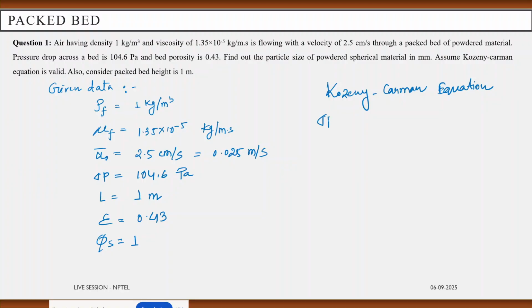So that equation tells you del P by del L, only the first part. You just put all the values and you get the value of dp.